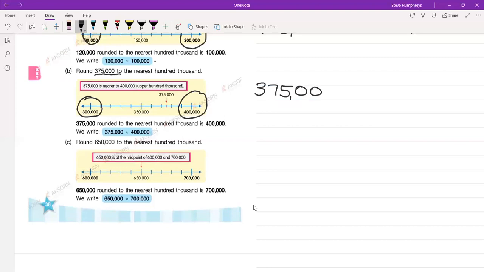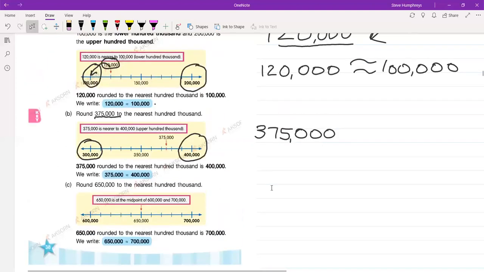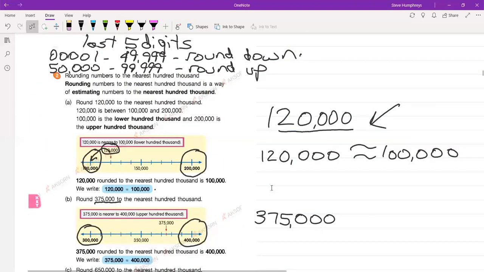Okay, last 5 digits are 75,000. It's in that range, isn't it? Between 50,000 and 99,999. We need to round up.